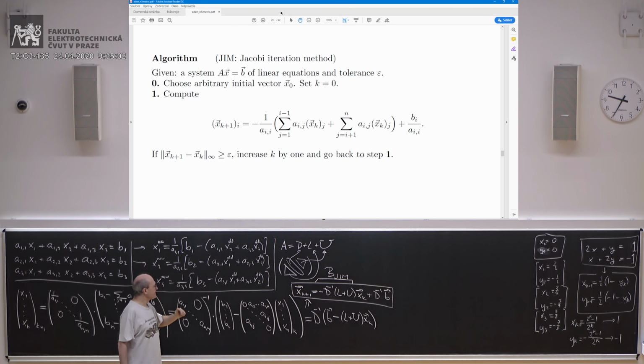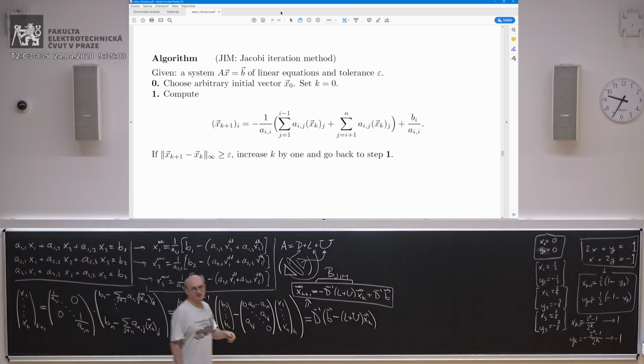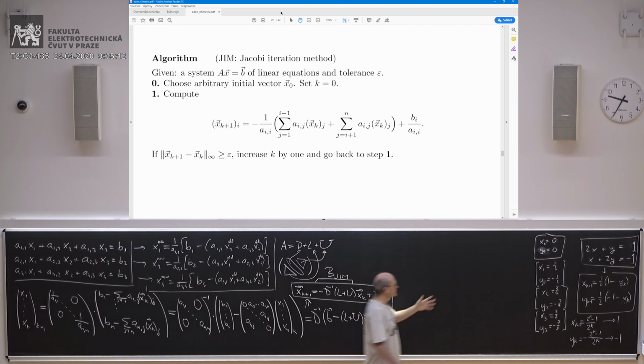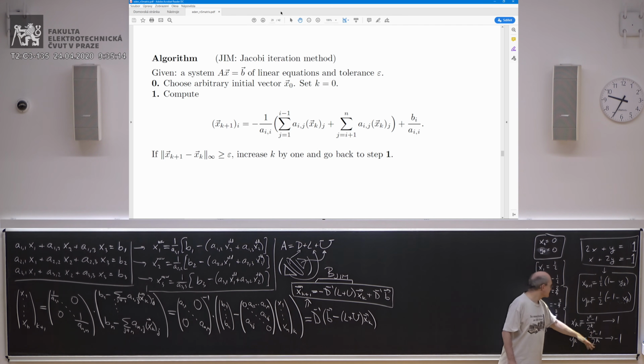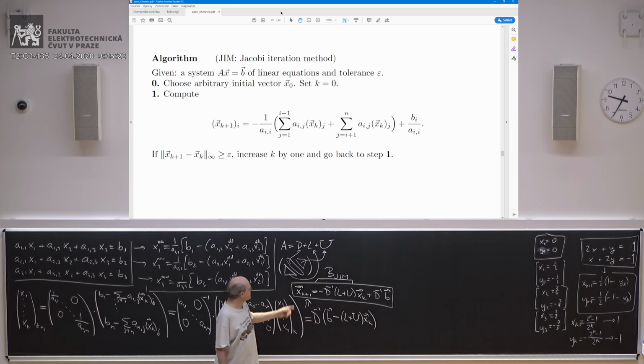Before we move on, how do I know that an iteration which succeeds actually solves my original system? That's a good question. So let's be optimistic, and after all, we have one nice example which worked. We have an iteration, it produces a vector. Does it solve the original system? Well, let's check.